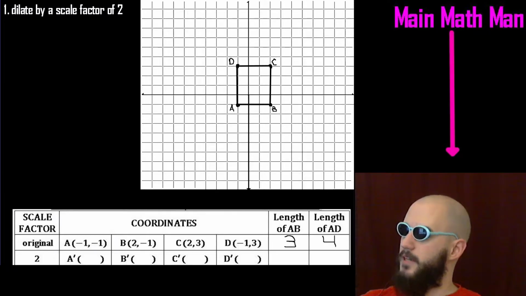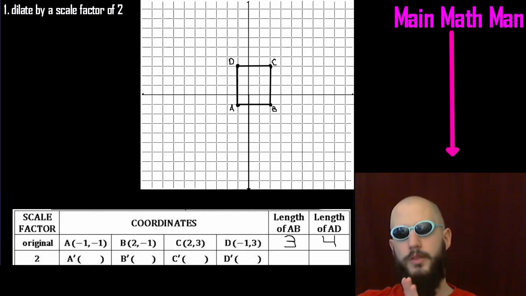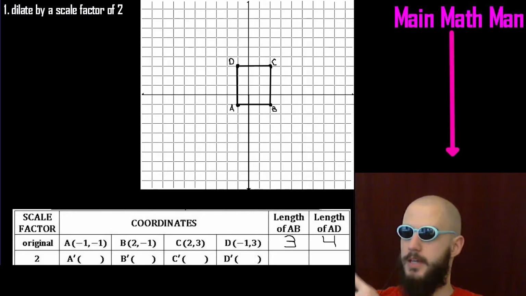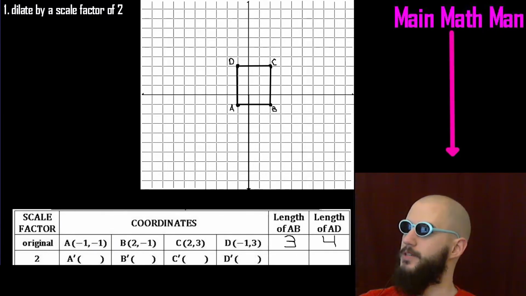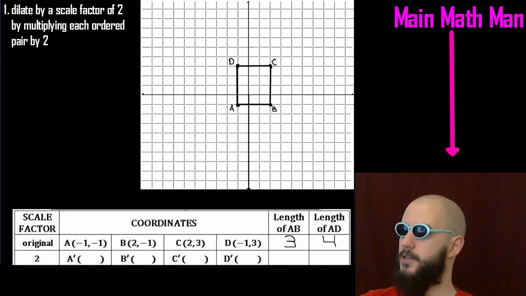Alright, so that's right, you have to make sure that you multiply each of the coordinate points by the scale factor. So in this case right here, we have a scale factor of 2. And so what I'm going to do is I'm going to multiply each of those ordered pairs, both x and y, by 2.